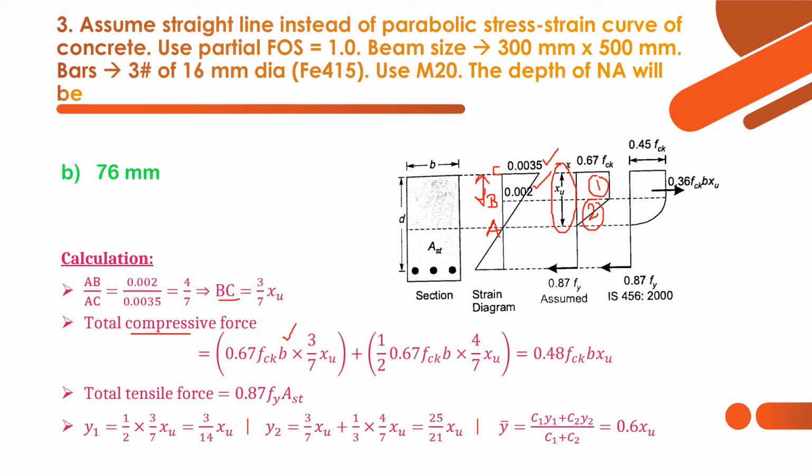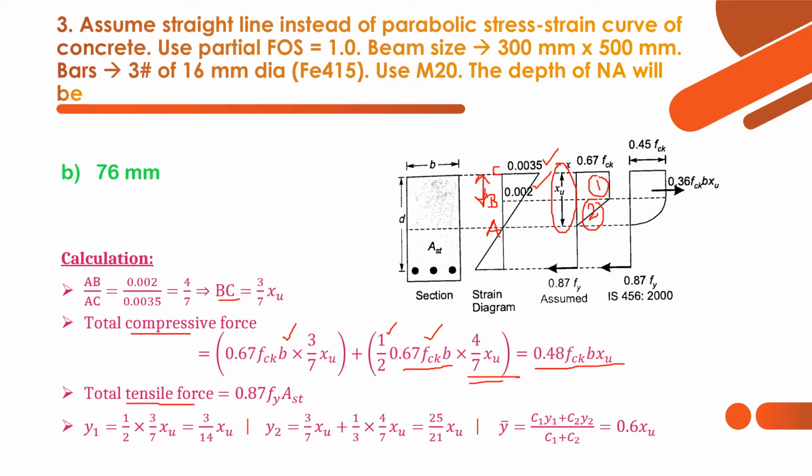So we calculated C1, the compressive force in the rectangular variation portion. Next we shall see the triangular. Area of triangle is half into B into H. So half into 0.67 fck into breadth of beam into H, that is 4 by 7 xu. Upon simplifying this equation, we get 0.48 fck b xu.